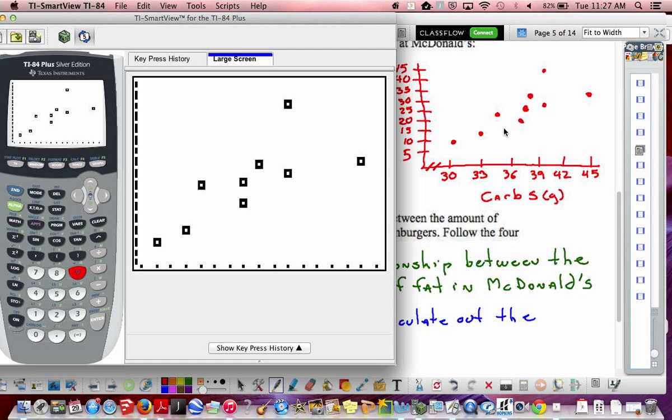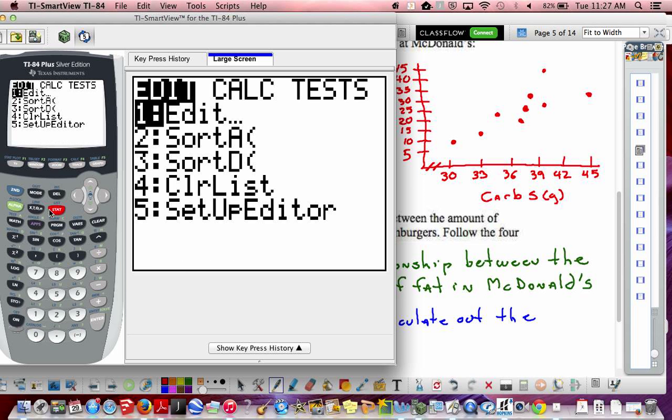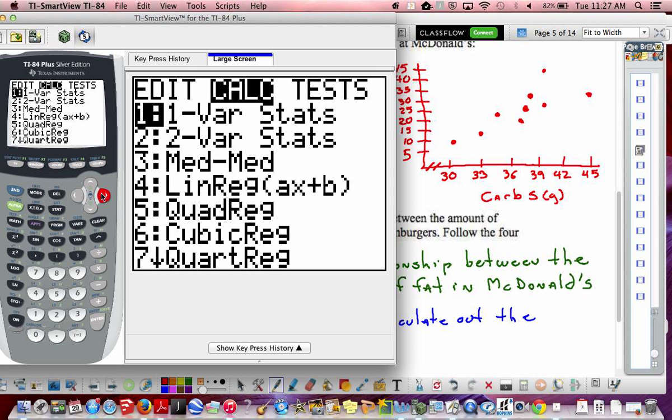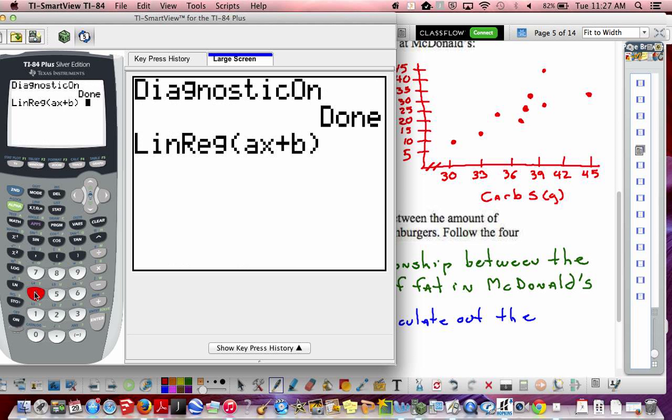We need to figure out how to get the correlation coefficient. On the previous page it has those steps. To get to it, you hit your stat key. Everybody on stat? Use your right arrow, go to calculate, go to number 4, linear reg, ax plus b.